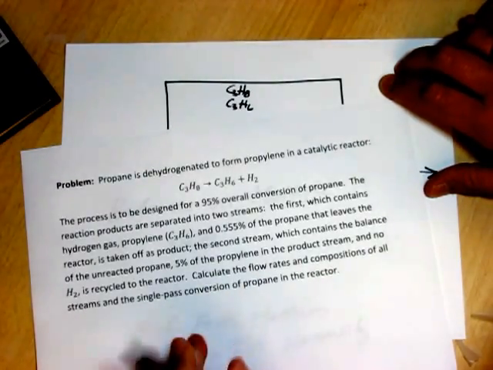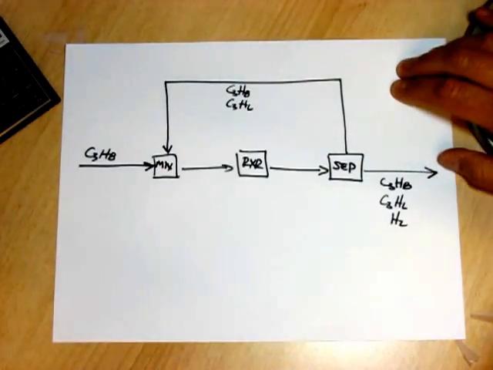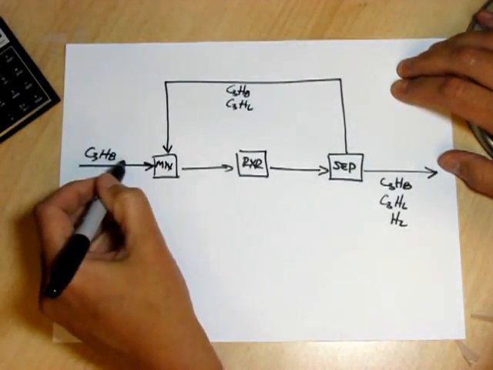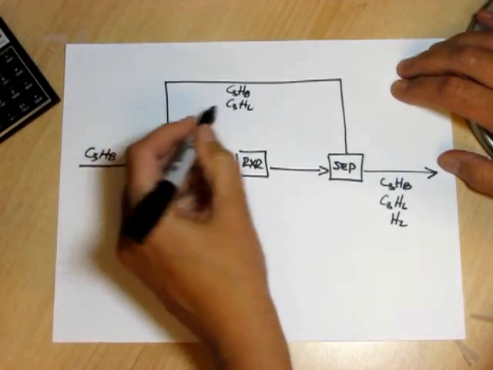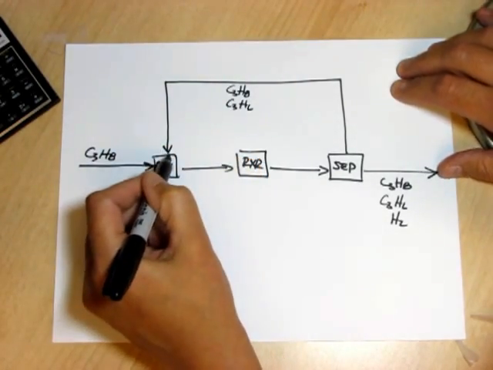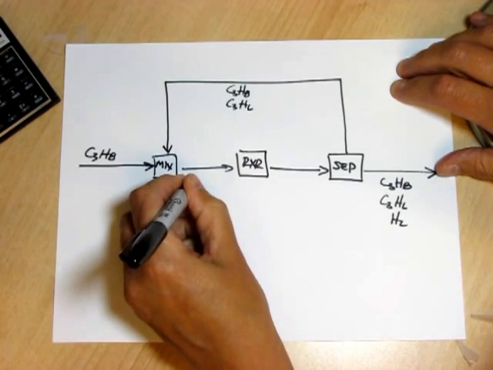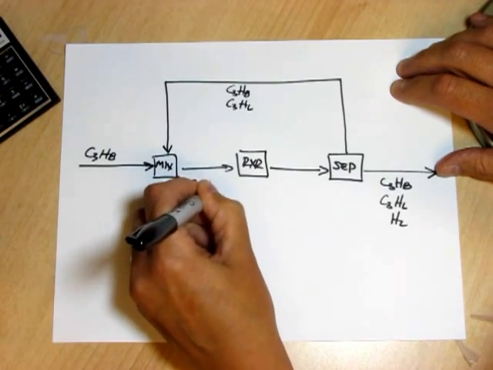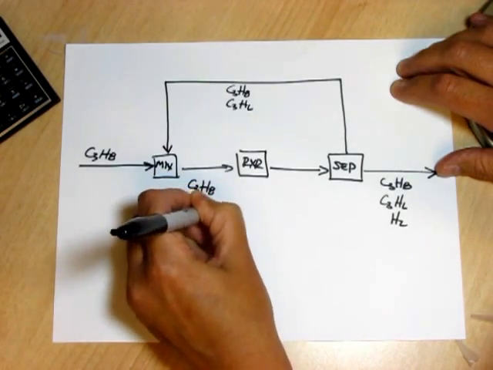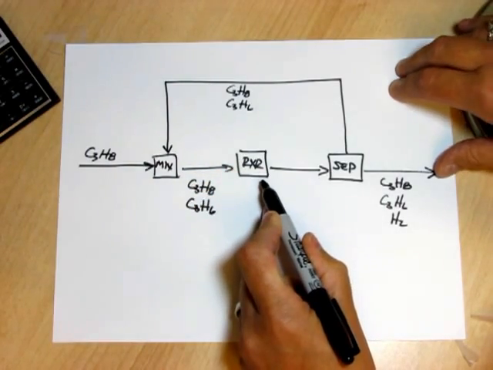Calculate the flow rates and compositions. So we have propane coming in. We have recycled propylene coming into the mixing point. Before the reactor, we must have C3H8 and C3H6 both going into the reactor.